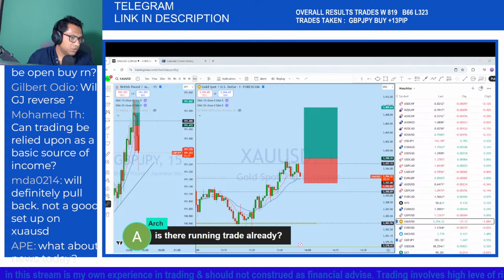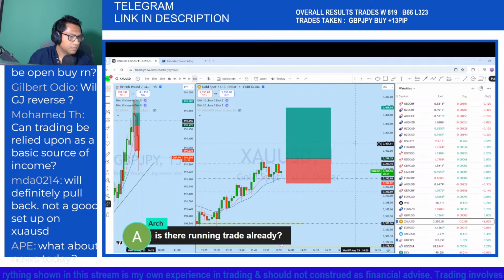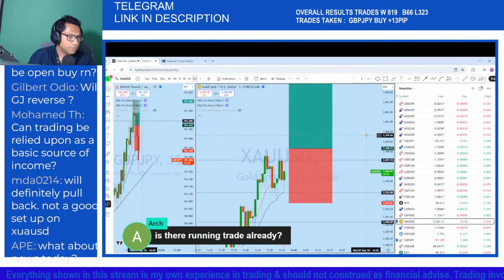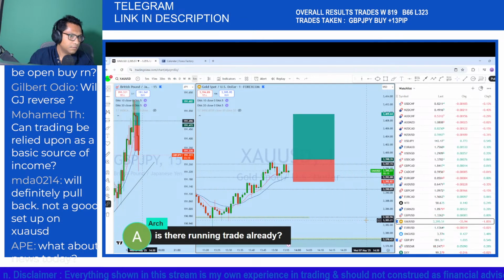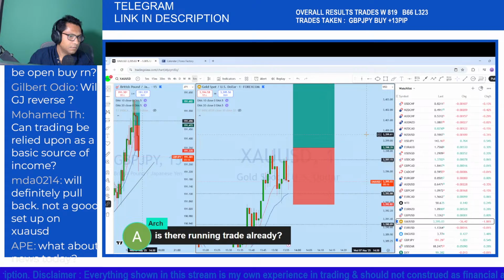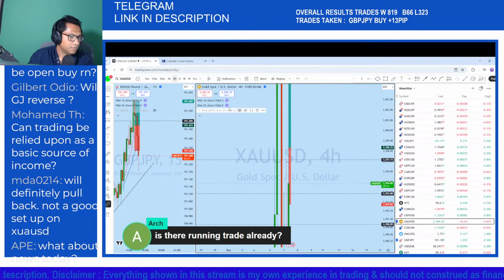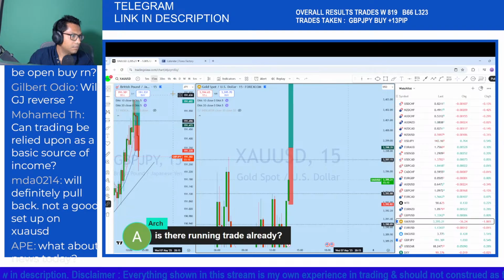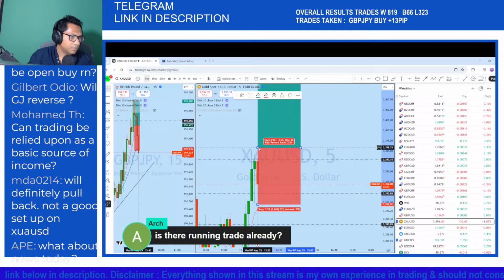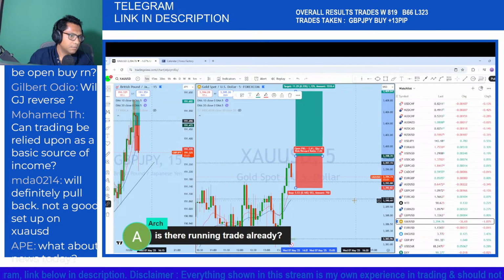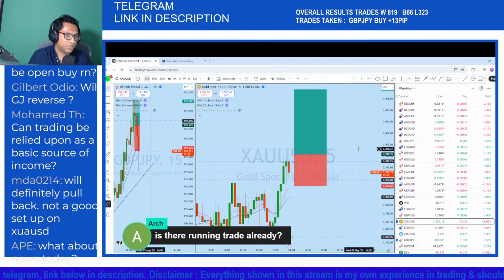Now with the 4 hour close, if the market is not going up, then we are not on the trade. So we placed our buy stop above all this high.